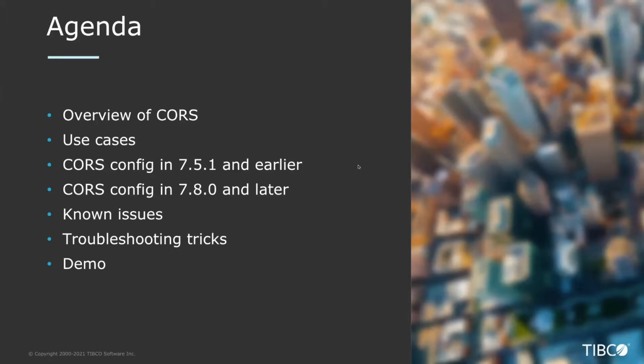So let's get started. We're going to look at a very quick agenda of what we're going to do. First, a quick overview of CORS, for those of you who might not know about it. Then we'll look into some typical use cases.